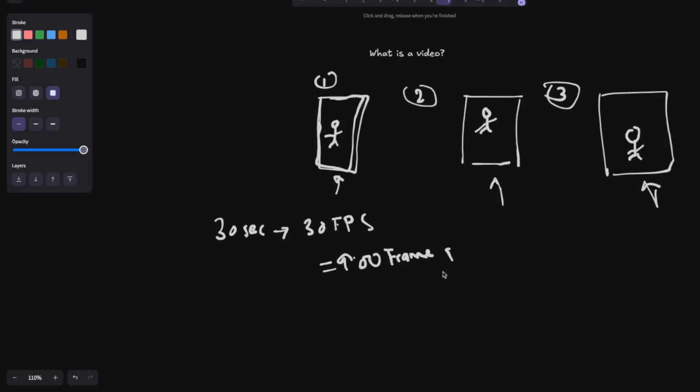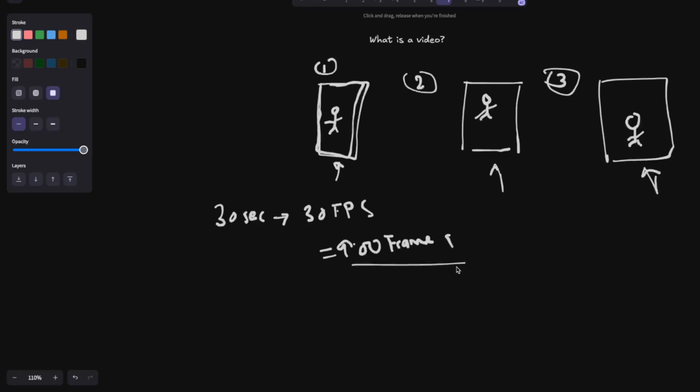Now, how to do this? Because 900 is quite a bit. Say it's a 30-second clip of someone jumping up and down. In a single image there is a lot of information, and going from one frame to the next there's also a lot of information. That information associated with moving from one frame to the next happens in the first second, then the second, because any video has time associated with it.